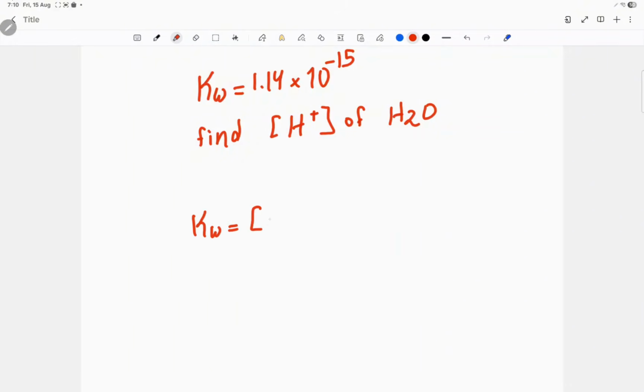H+ times OH-. Now in water, H+ and OH- will be the same. So I will replace them as x's. So what's x times x? x squared. You get that part? Okay. Find me the x, please.